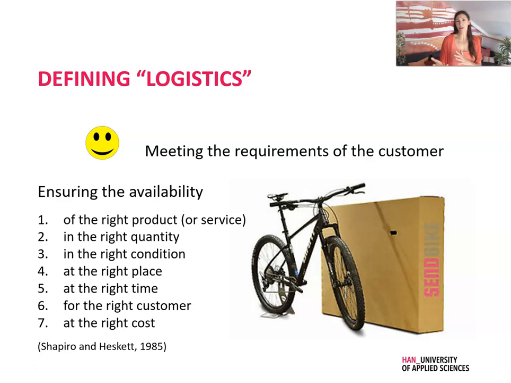In this case, because it's home delivery, the right customer probably overlaps with the right place, or the right address, and at the right cost. Now, logistics also has to make decisions such as, do you want to deliver something fast, or do we want to deliver something at a more reasonable price? So these are decisions that logistics needs to make sure that the customer receives the right product at the right cost.